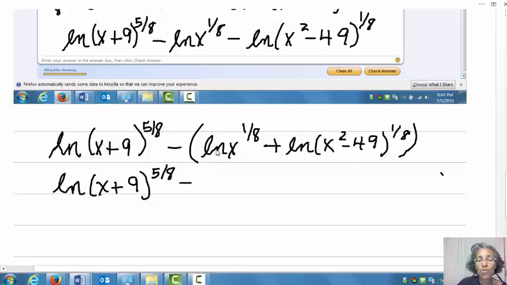So when you're adding two logs of the same base, you can write one log and multiply those inputs.